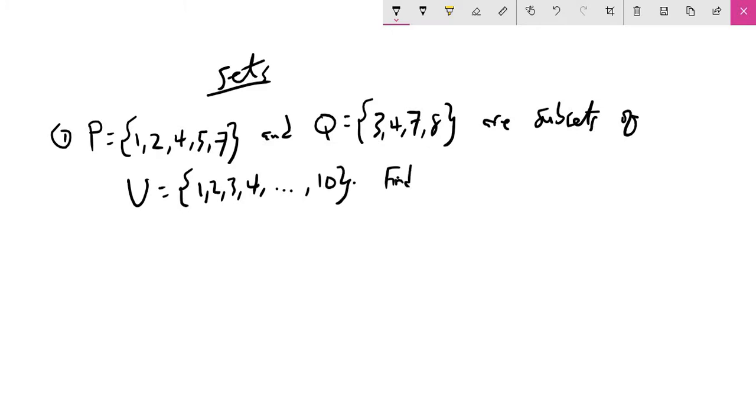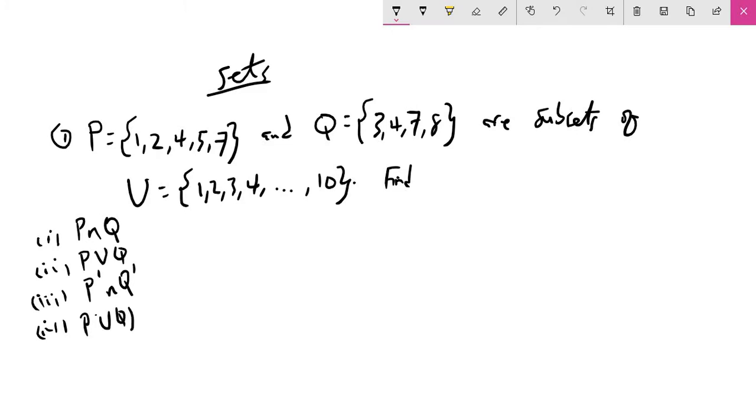Find 1, P intersection Q, 2, P union Q, 3, P complement intersection Q complement, and 4, P union Q, all complement. I'll be explaining all these different notations as we go along.